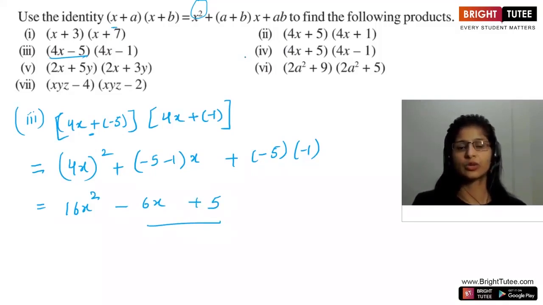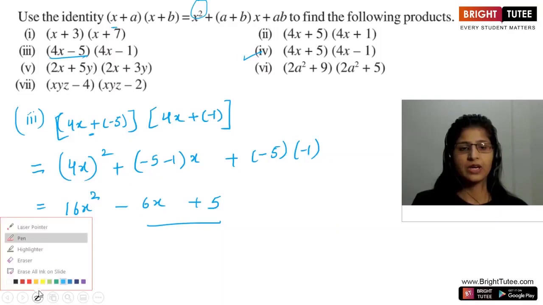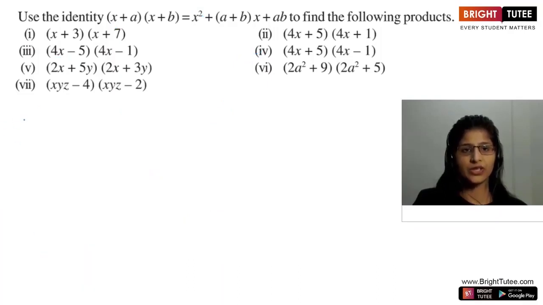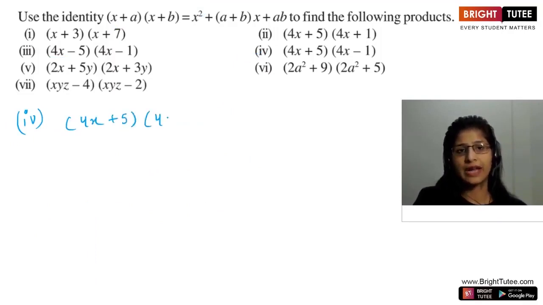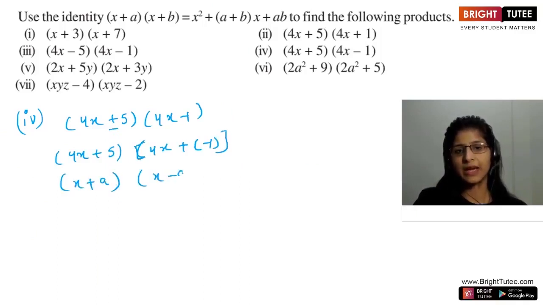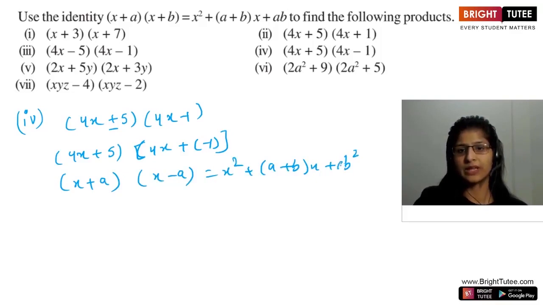Now let's go to the fourth part of it. In the fourth part of the question, we are given 4x plus 5 and 4x minus 5. Now in one we have a plus sign, in the second one also we have to make it plus. So 4x plus minus 5, like this we can write. So comparing it with x plus a and x plus b, which is equal to x square plus a plus b into x plus ab, not b square, it is ab.